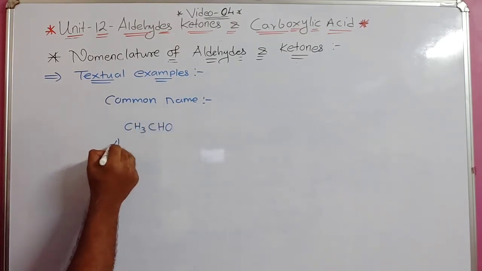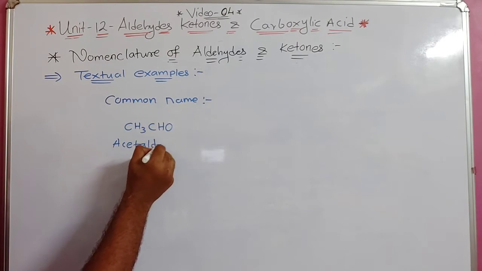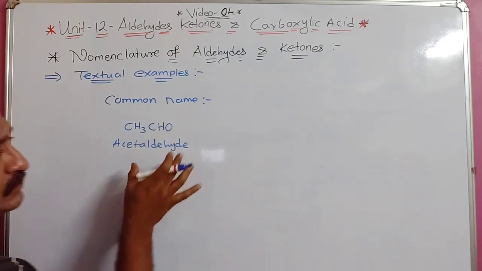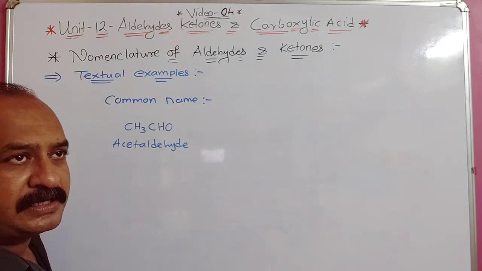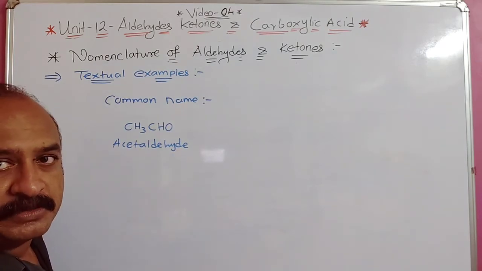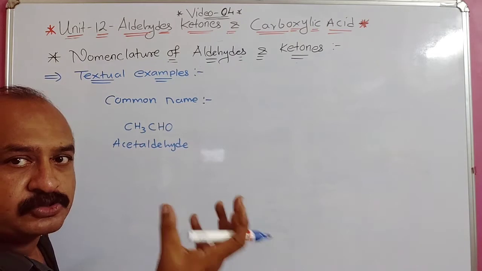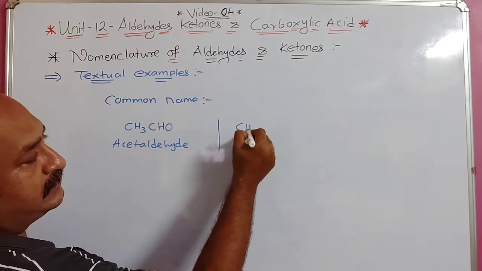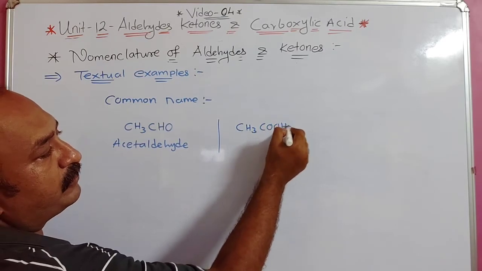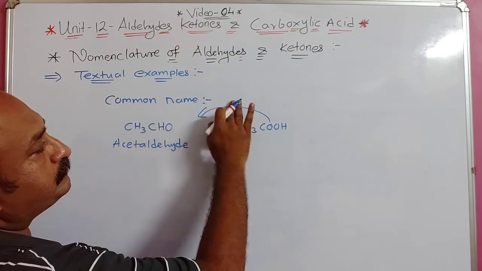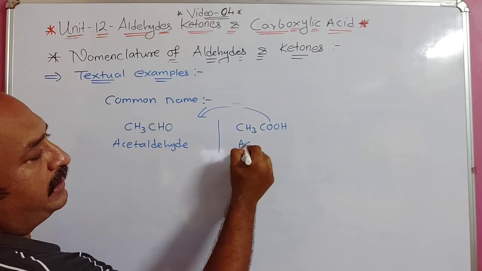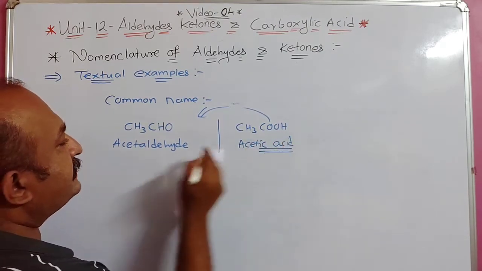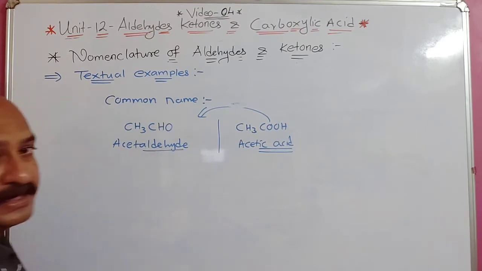The common name given is acetaldehyde. Certain Greek or Latin names are given in common names, from the source from which the compound was derived. So this was derived from acetic acid. From the name acetic acid, IC acid is removed and aldehyde is added.